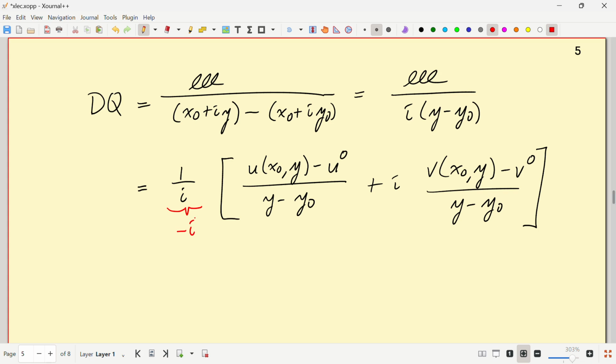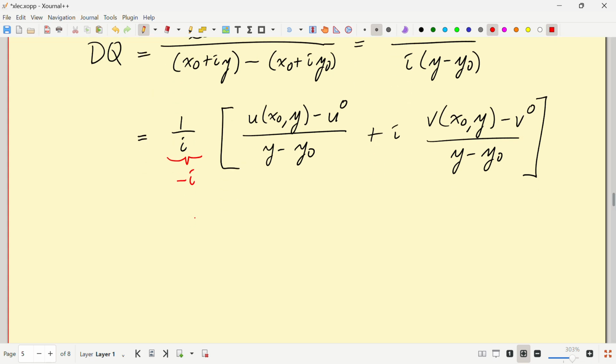And if I multiply that minus i through there, let's see, I'll use a blue arrow. I times i would be minus 1, and I have a minus, so this is going to go into the real part and be dv dy at x naught y naught.